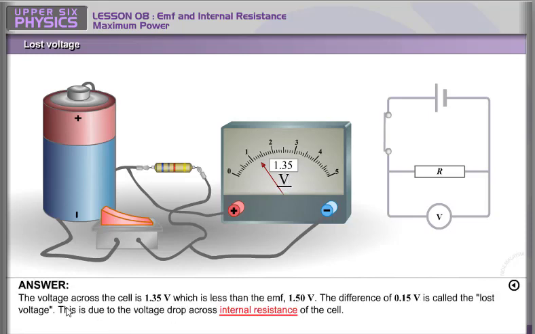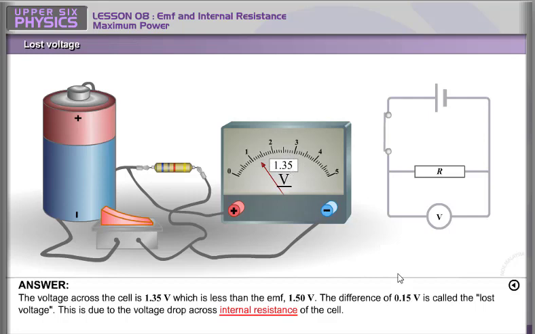Now the voltage across the cell is 1.35, which is less than the EMF of 1.5. The difference of 0.15 is called the lost voltage, because we measured 1.5 for the cell, but now it is giving 1.35.